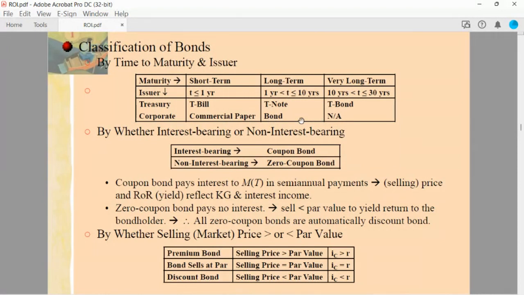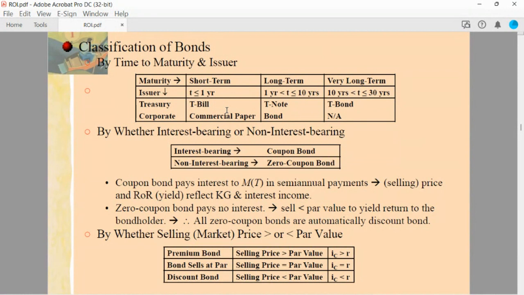Corporate bonds can have 1 to 10 years or 10 to 30 years. They're just called corporate bond, just called bond. Only Treasury has distinctions in names like Treasury note, Treasury bond. And for the short term, the maturity can be 1 month, 3 months, 6 months, 1 year.